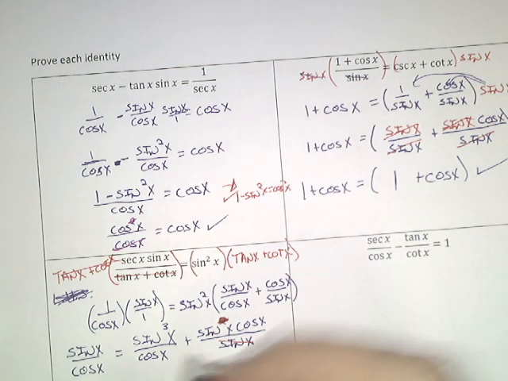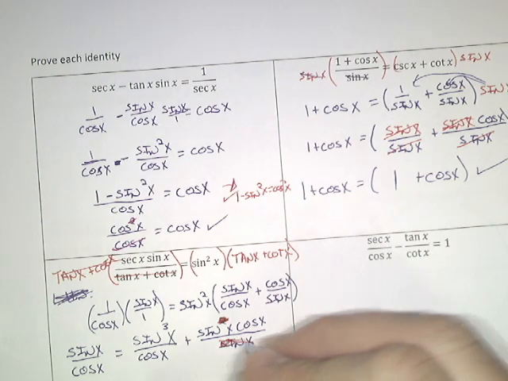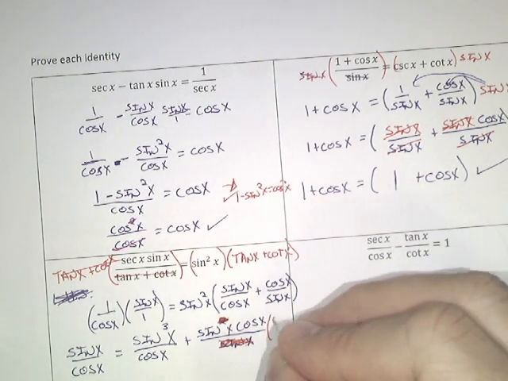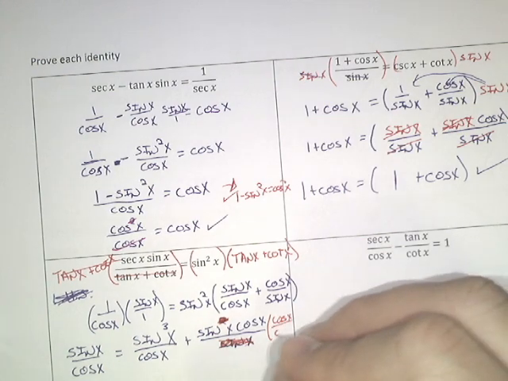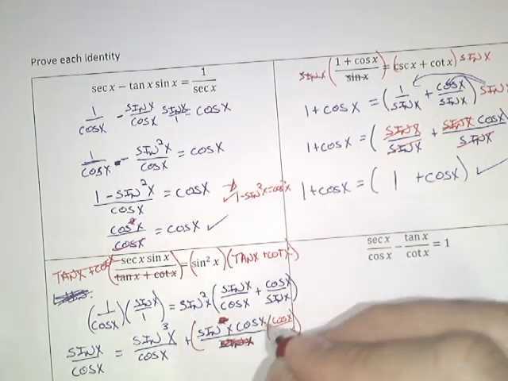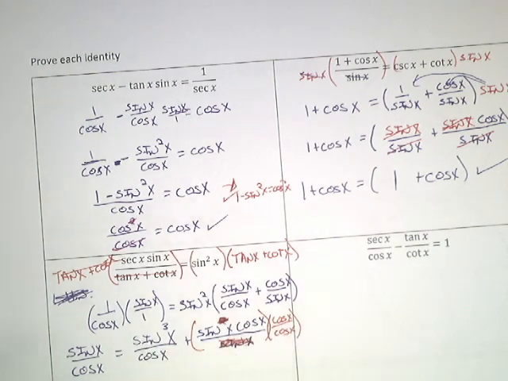And then this no longer has a denominator. So we're going to get these to have common denominators by multiplying by cosine x over cosine x. That way, this fraction has a common denominator with this fraction over here.